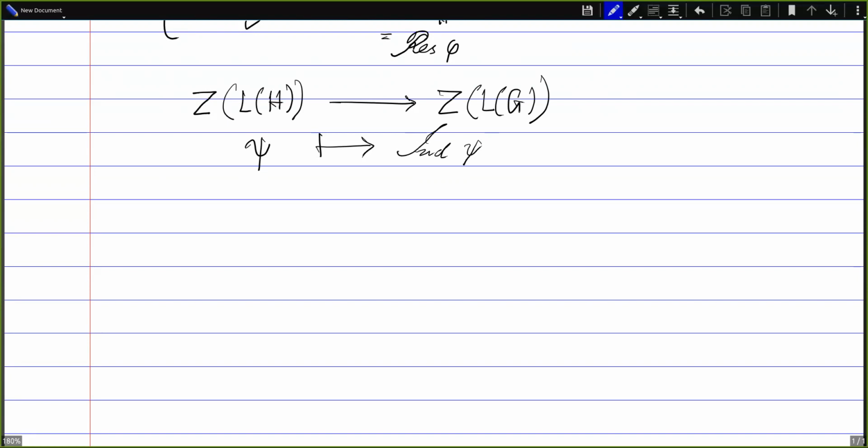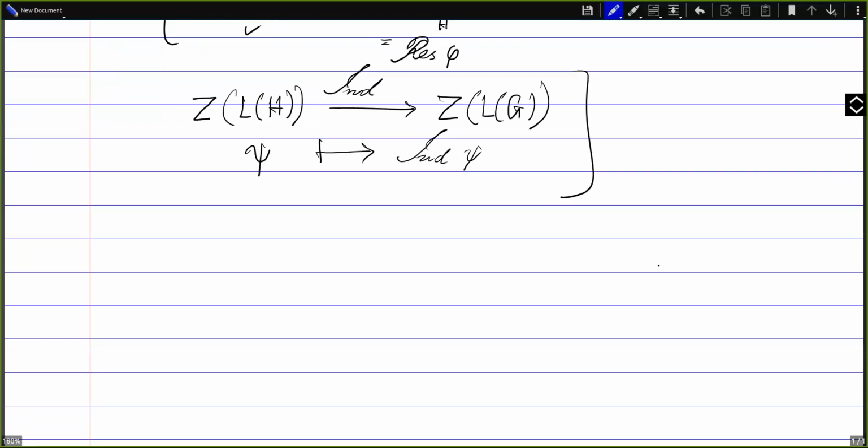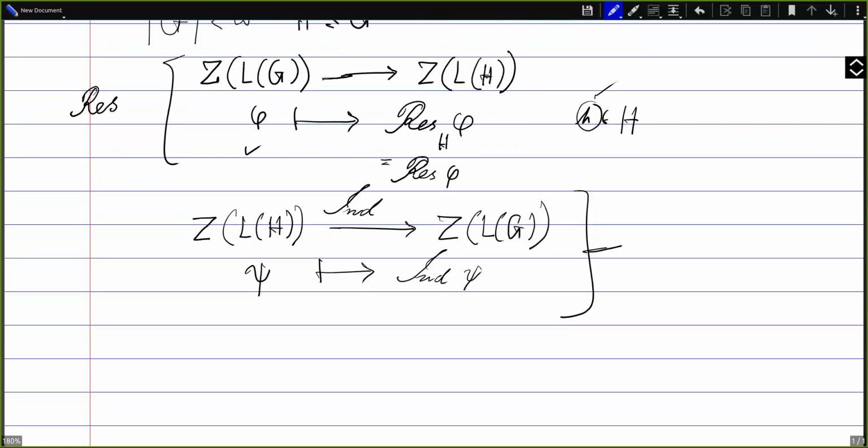So Ind psi is a class function on G. So this is a linear map. Let's denote this map by Ind from now onwards. In the last video we proved that this is a linear map.